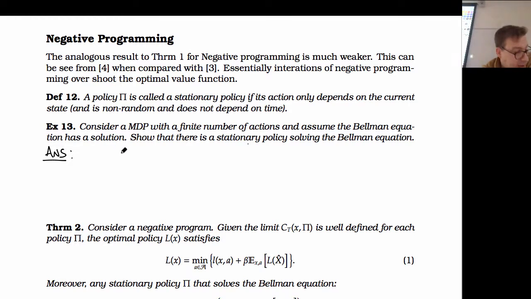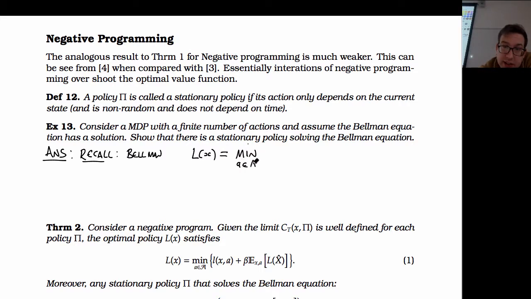We basically have our Bellman equation: the optimal loss from state x is equal to the minimum over the set of actions A of the loss of taking action A, and then the loss from there on after.